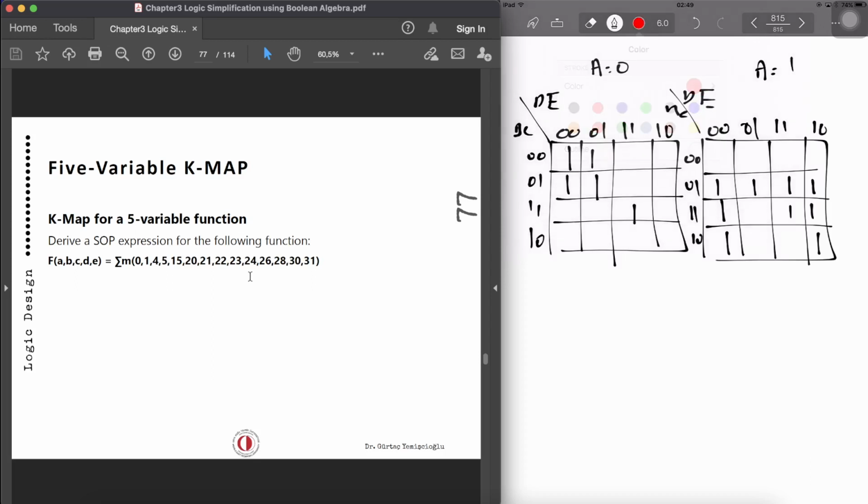For the SOP form of this, I can have a combination of these four, where A is 0, which is not changing. We don't have the same ones on the adjacent map. B is 0 and D is 0. So A prime, B prime, D prime.